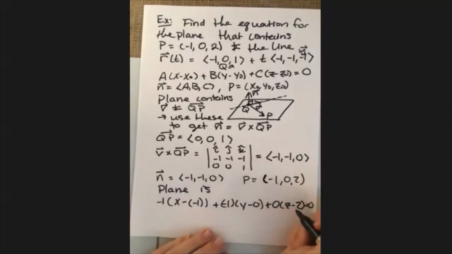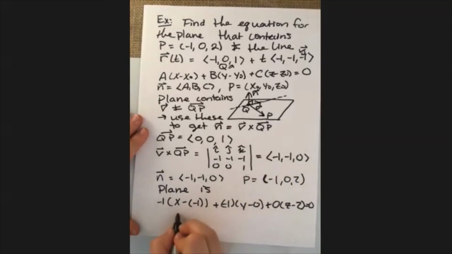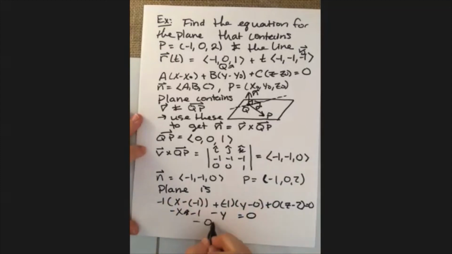That's all equal to 0. So if we simplify this down a little bit, we're going to get -x minus 1 minus y is all equal to 0. Or if we want to rearrange this a little bit, we get -x minus y is equal to 1.